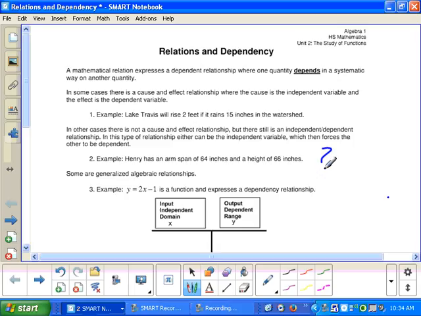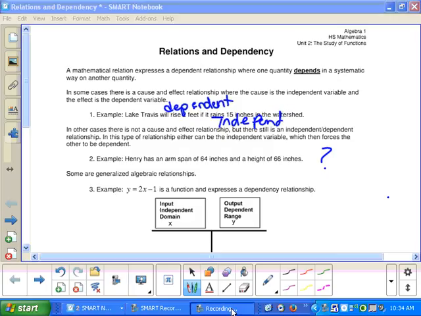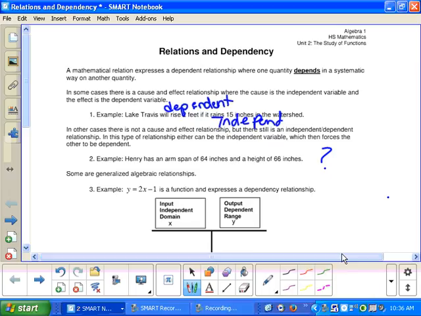The majority of our situations are going to be really clear that this is dependent and the rain is independent. Okay, so this would be independent for rain, dependent for the amount that it rises.